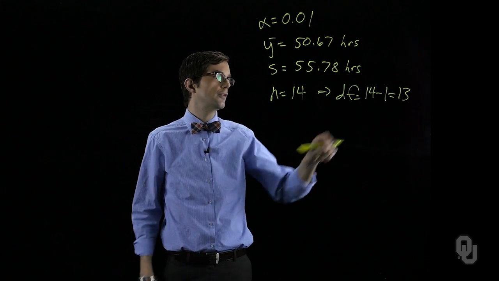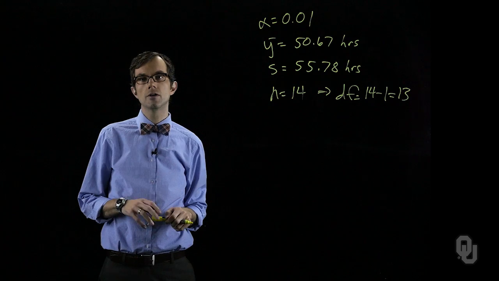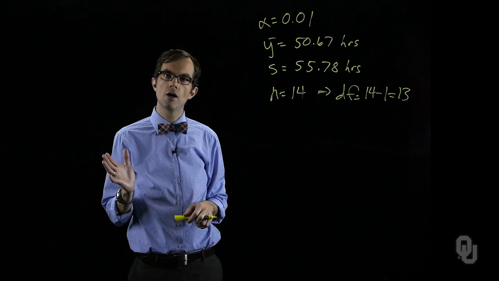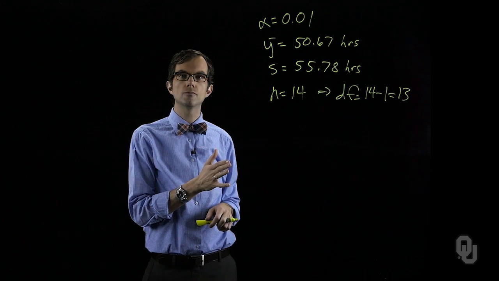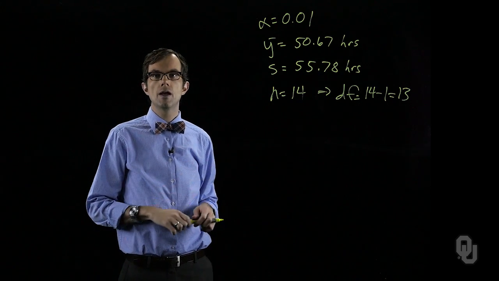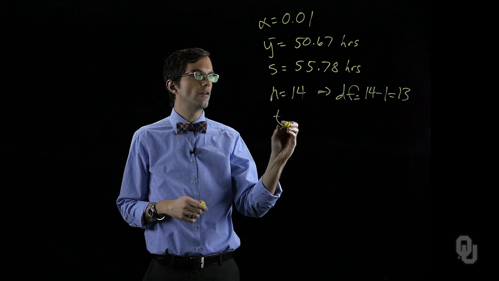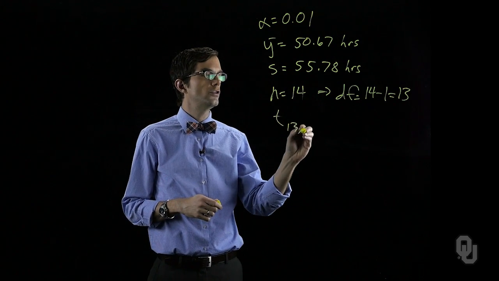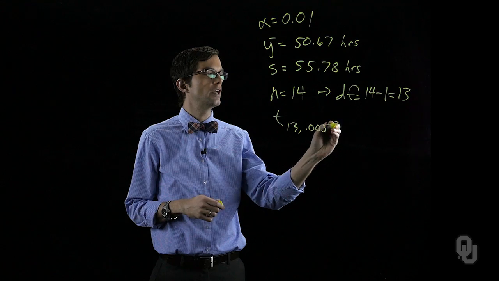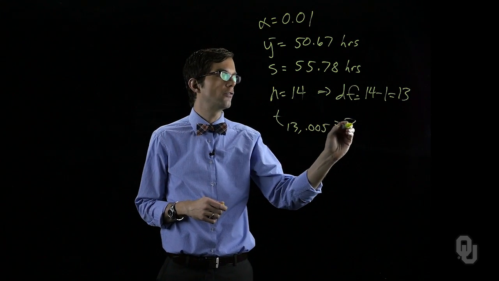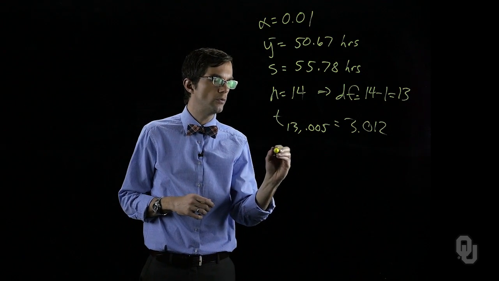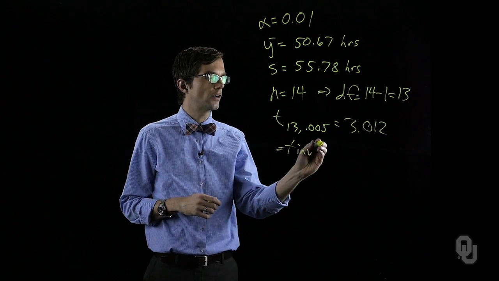So with 13 degrees of freedom, we can use either the t-table, go down to the 13th row, over to the 0.01 column, 0.01 in the upper tail, and we would get a value of t associated with degrees of freedom 13, alpha over 2, 0.005 in the upper tail. We should get a value of 3.012. Also, if we wanted to, we could use the t-inverse function.